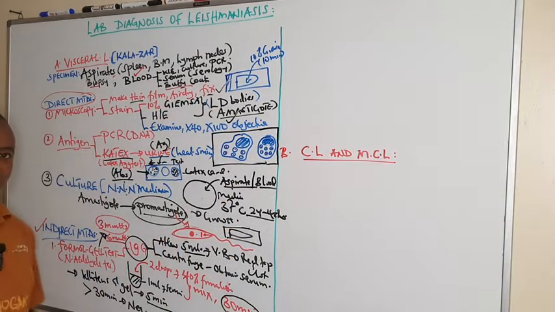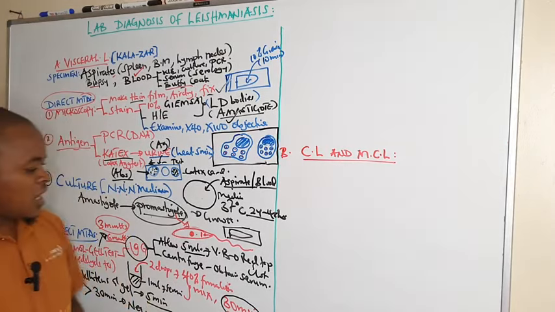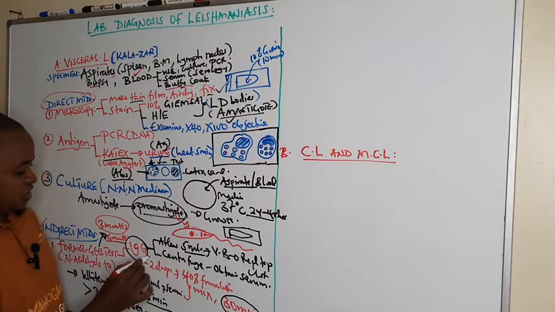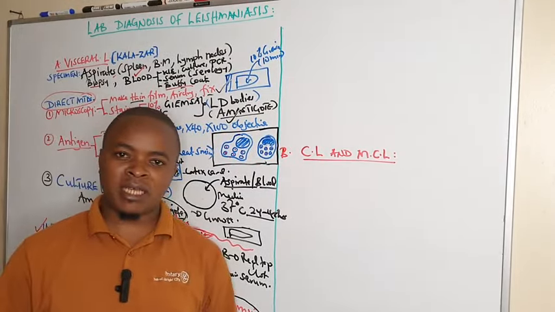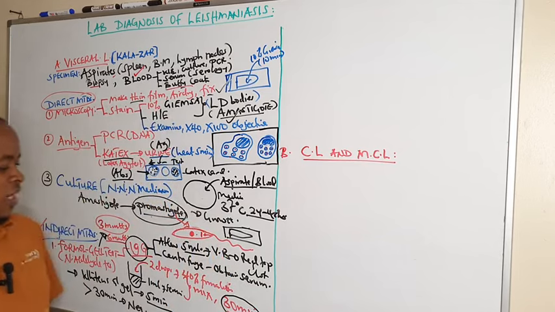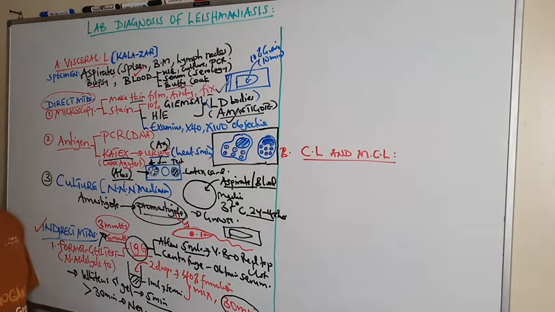It can also give a false reaction when there is high production of IgG, in people with multiple myeloma and some leukemias. So it can give a false positive reaction. That's why we say it is non-specific.